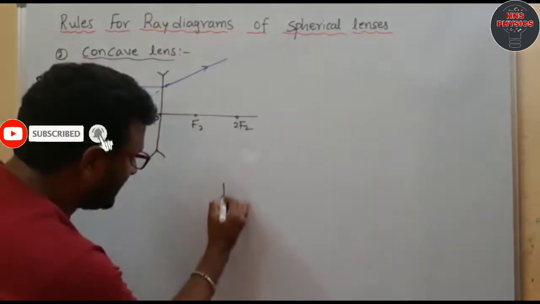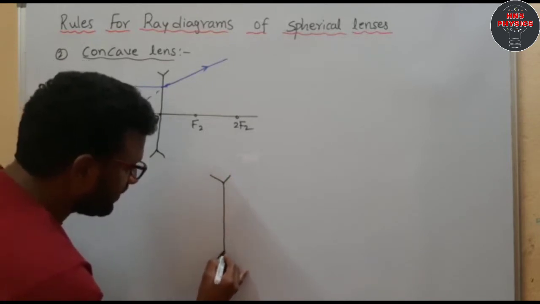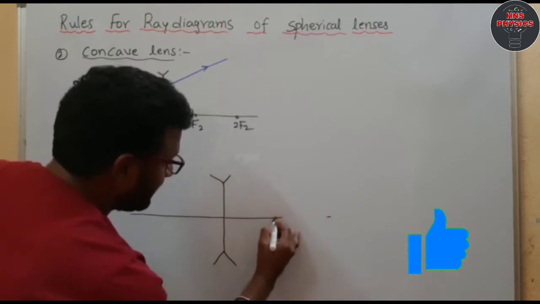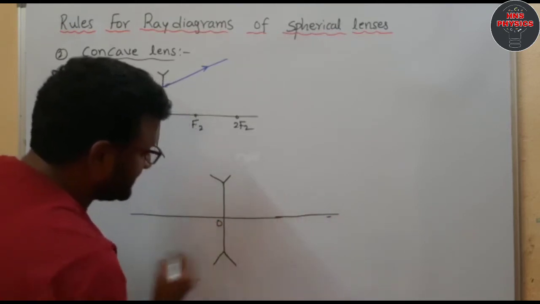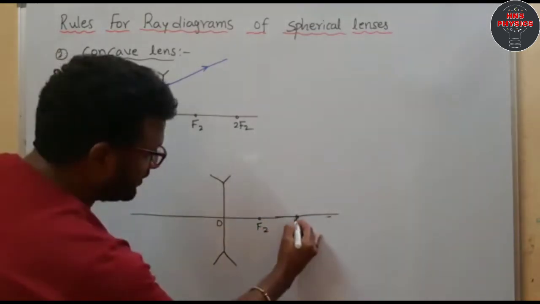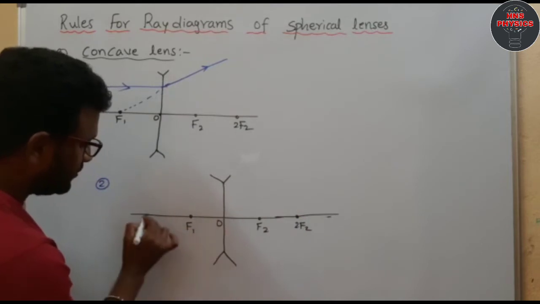Here again I am taking a concave lens. So this is the optic center. So this is the F2 and 2F2 and F1, 2F1.